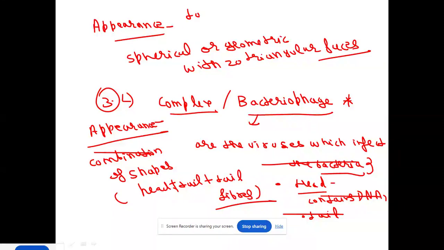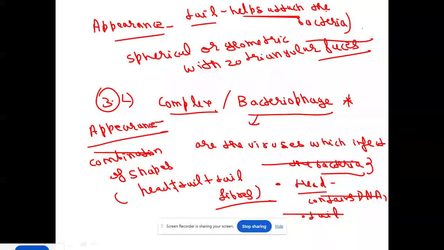Remember, it is very interesting to know that the tail helps to attach to the bacteria, because it is a virus that infects the bacteria. For this, it should be attached to the bacteria. So for that purpose the tail is helping. Understood the concept?